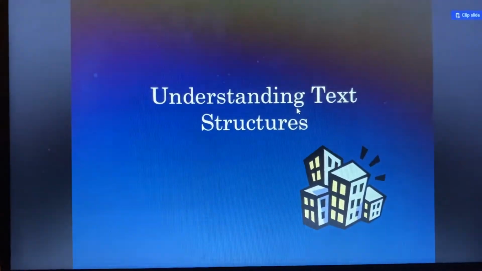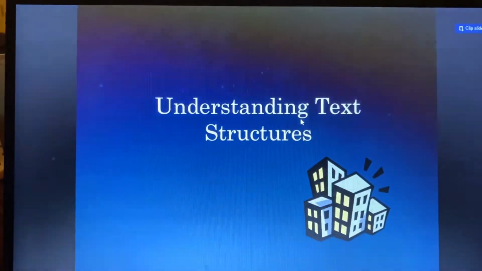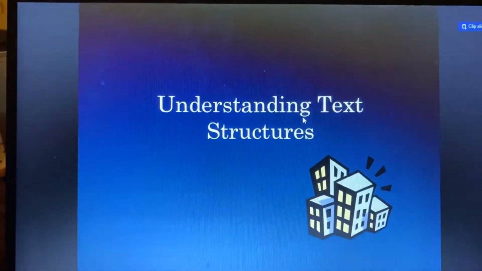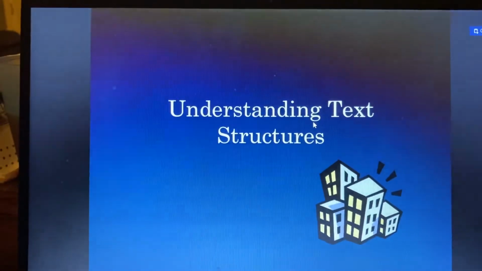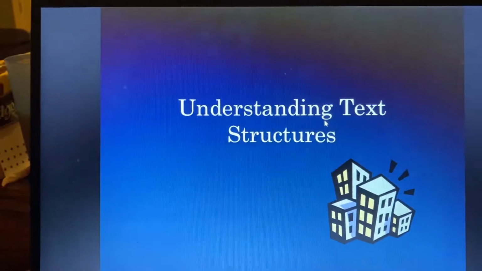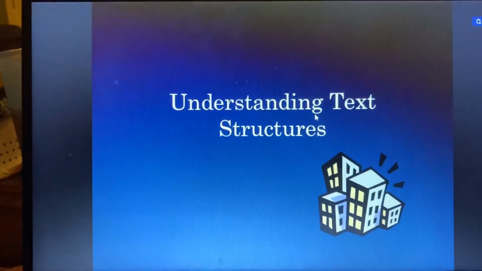And then yesterday we talked about summarizing, which is taking a text and putting it in our own words, getting to the gist of it. We talked about getting to the nitty gritty, getting rid of all the fluff and just writing what was important in the text.